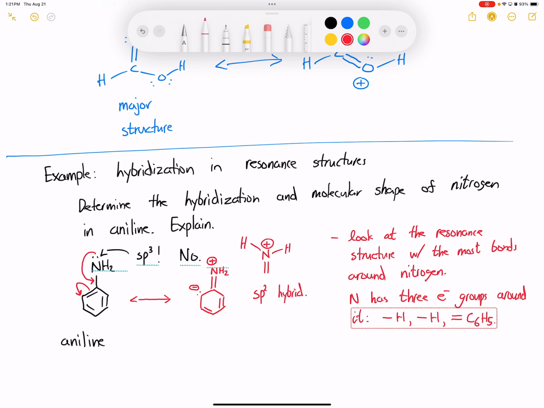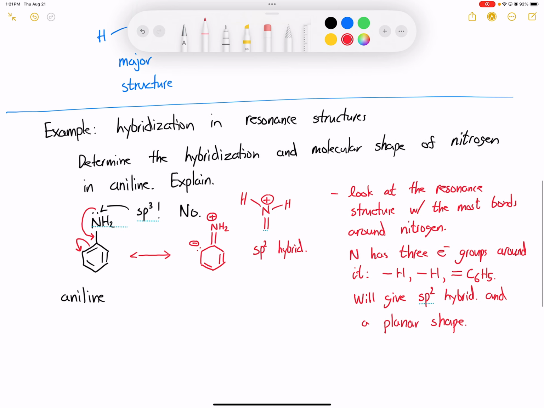Okay, so this corresponds to sp2 hybridization, and a planar shape. Okay? All right.